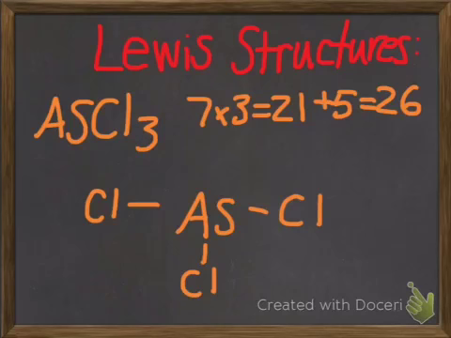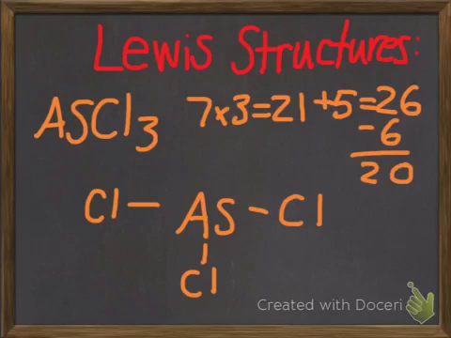Now, the goal is to get each to a full count of 8 electrons. As you can see, As already has 6 electrons because each bond is worth 2, and our Cl's have 2 electrons. So now we are going to put some dots in to try to get them all to have 8 electrons. So we are going to minus 6 electrons because of our bonds, and we have 20 electrons left.